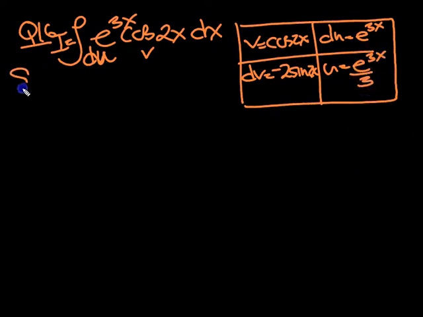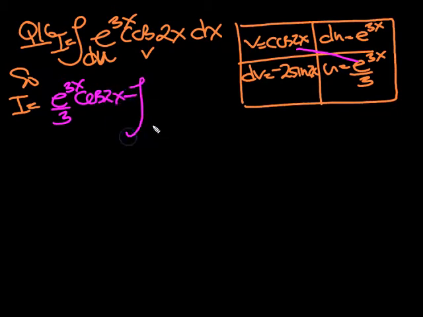There we go. So I equals then u times v, so that's these two. So that's e to the 3x over 3 times cos 2x minus the integral of v du dx. So that's minus 2/3, that'll be a plus 2/3 e to the 3x sine 2x dx.